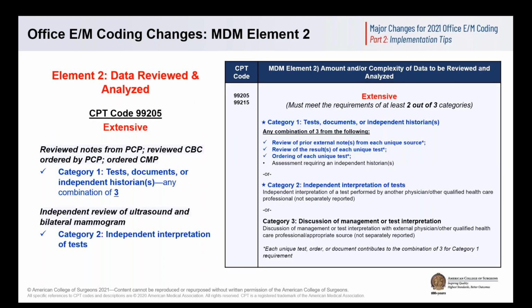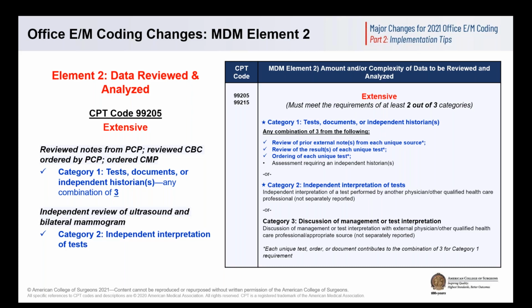In terms of data reviewed, you've reviewed an external note from a unique source, her primary care physician. You've reviewed a lab test, and you've ordered a CMP. Because you are ordering a test, you have to remember that you don't get credit for ordering a test and then reviewing it.